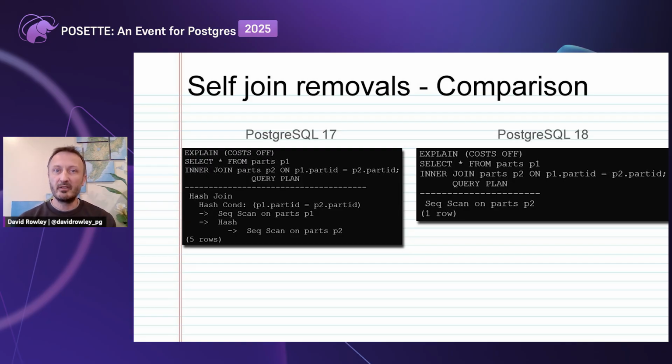Then years later, another developer comes along and needs to create another view, and they find some logic they could reuse from the original view, but there's some column missing. So then you hit a dilemma. Do you modify the original view and add the column that you need, and risk breaking things that do select star from that view? Or do you just join a table again in your view and call it done? But the problem with the latter is you're joining the same table twice, and effectively that's a waste of effort. So this commit helps with that.